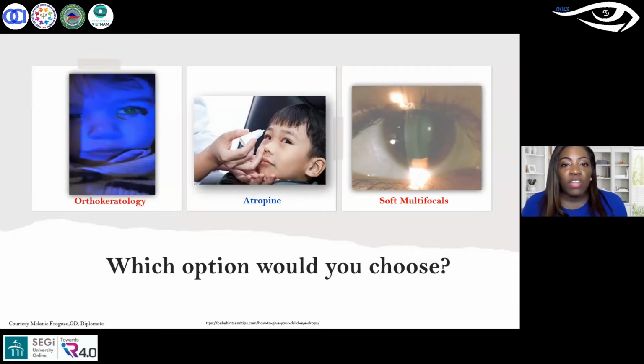And you see that he was also esophoric at near. So which option would you choose? So almost half of them are saying atropine, followed by orthokeratology, and a couple of them would prefer soft multifocal. Yes, very interesting. Majority atropine, followed right behind by ortho-K.